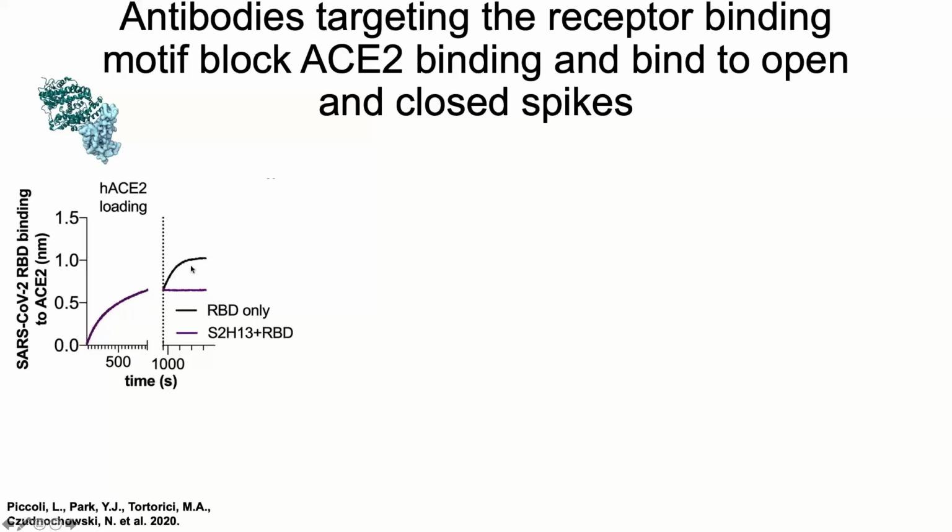Yes, we get tons of binding because ACE2 is the receptor. What if we preload this receptor binding domain with an antibody that we suspect blocks ACE2 binding? And what you can see in purple here is that if we've preloaded this receptor binding domain with this antibody S2H13, you can no longer see any binding of the receptor binding domain, suggesting that this antibody is really blocking that interface.